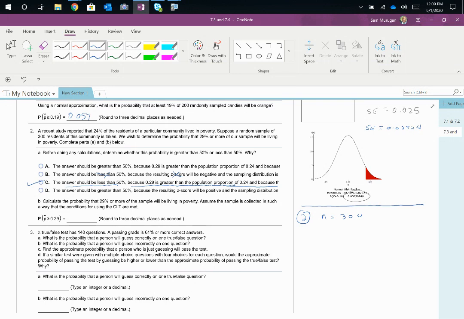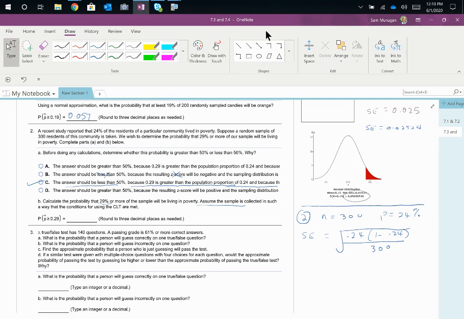So the next part is asking us to calculate the probability that 29% or more of the sample will be living in poverty. Assume the sample is collected in such a way that the central limit theorem conditions are met. So first thing, we want to calculate standard error. We know that p is equal to 24%. So standard error is the square root of 0.24 times 1 minus 0.24, over 300.